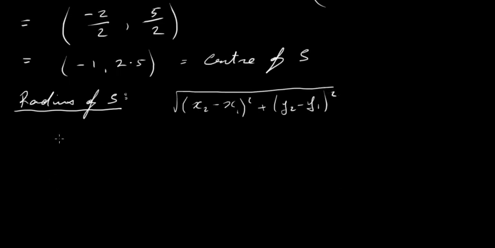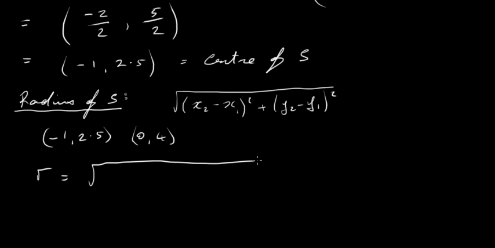So let's just write down the 2 points first. It's going to be minus 1, 2.5 and 0, 4. So let's put these in. So r then is going to be equal to the square root of, let's say this is our x2 here. I can write them in if you like. This is x1, y1, x2, y2. So we have 0 minus minus 1.